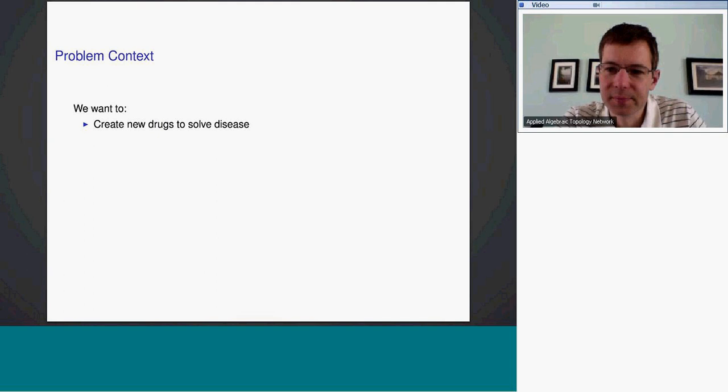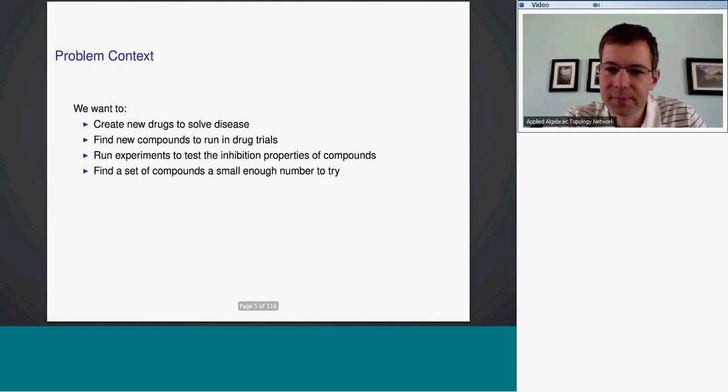So we create new drugs to solve disease. That means that we need to find compounds to run in drug trials. Before we run compounds in trials, we want to run experiments to test their inhibition properties.